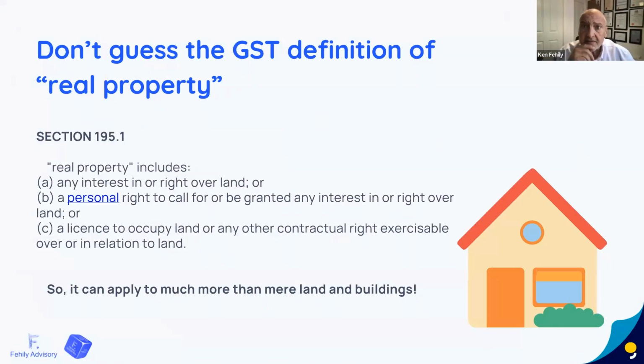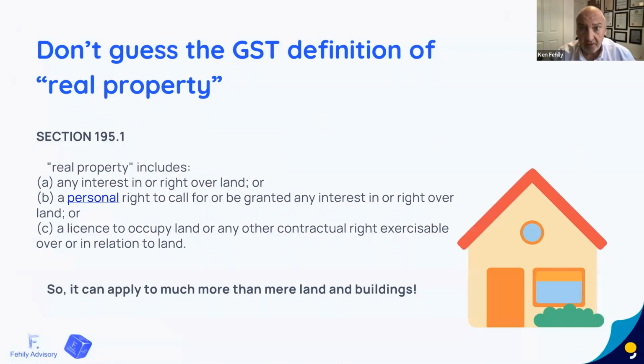We're going to come back to this. For example, if I have an apartment block and you're about to build an apartment block next to me and it's going to cut out my views over the bay, and I pay to buy out the air rights over your property so you can't build, that's rights in relation to land. That's real property. You might be able to apply the margin scheme. What about in Melbourne?